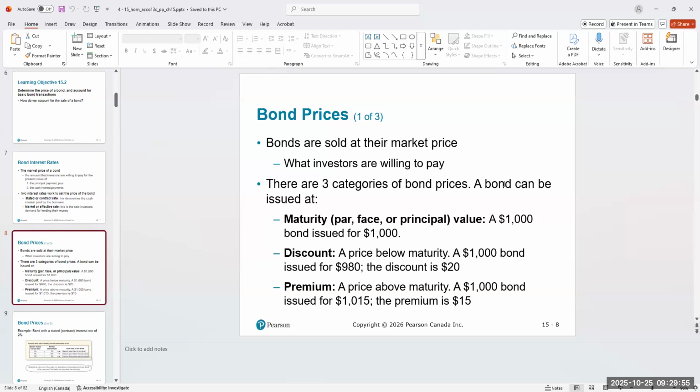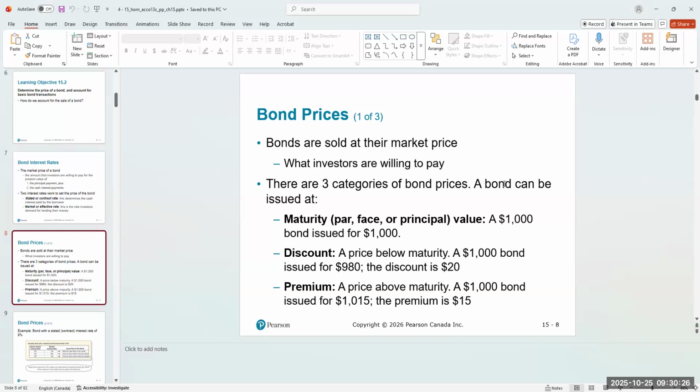Second scenario is, again, we have a bond which is going to pay the bondholder $1,000. But initially, we issue the bond with a discount. What that means is initially we're going to get less money, $980, and at the end of the life of the bond, we're going to pay 1,000.